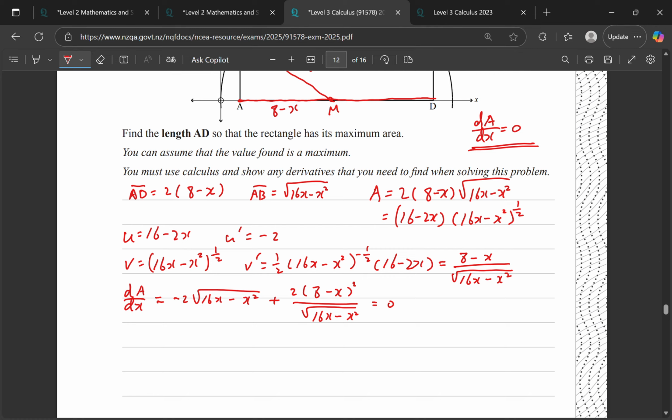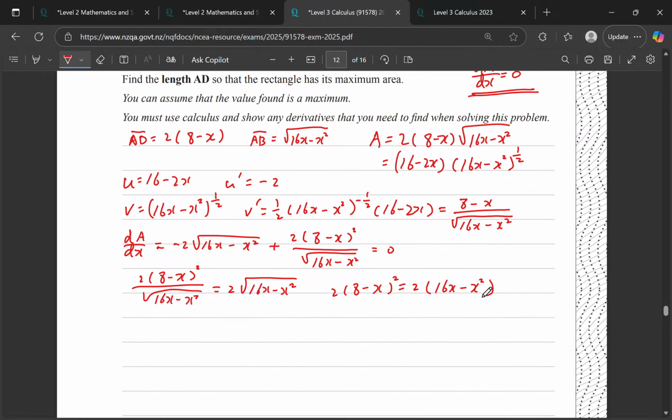So what does that mean? 2 times 8 minus x squared over the square root of 16x minus x squared equals 2 times the square root of 16x minus x squared. Multiplying by the square root of 16x minus x squared on both sides leaves 2 times 8 minus x squared equals 2 times 16x minus x squared.